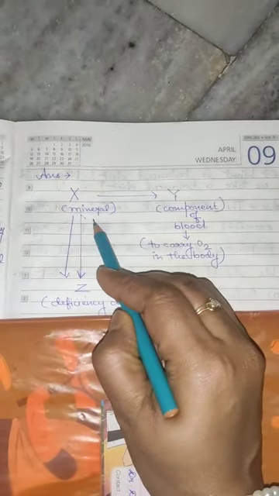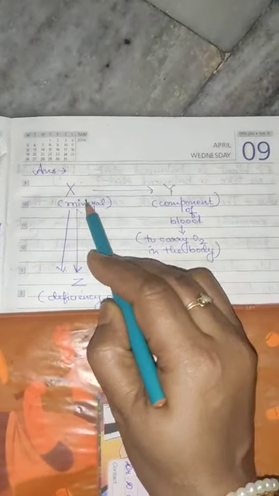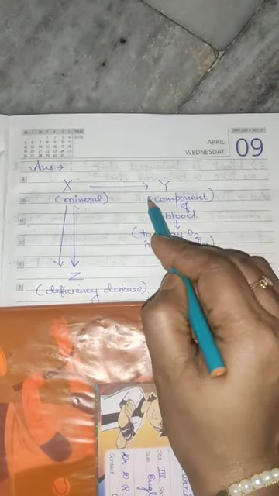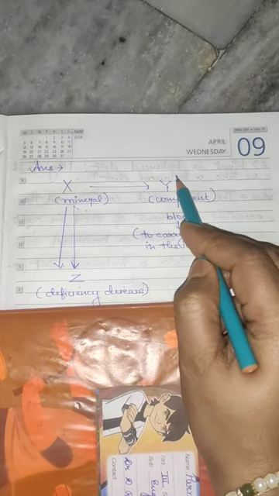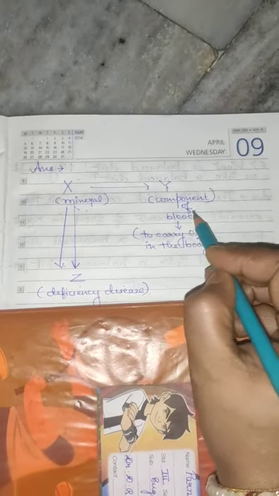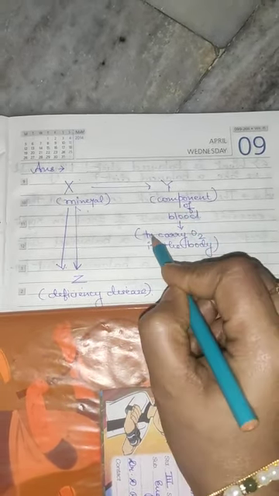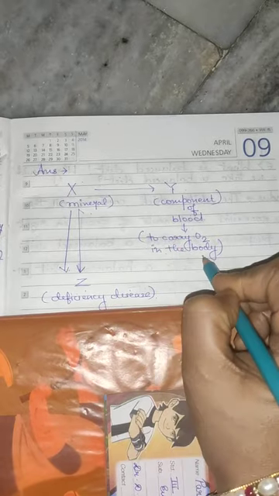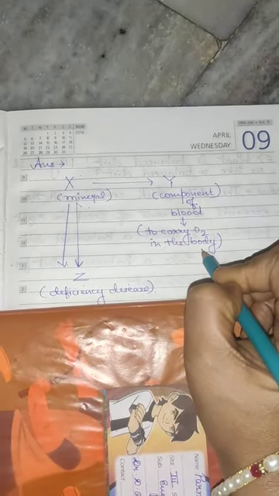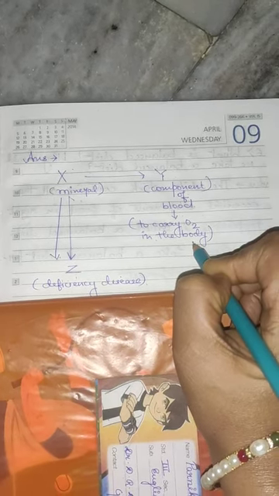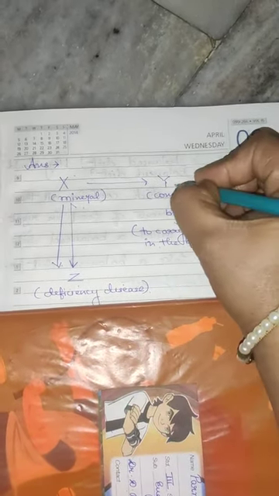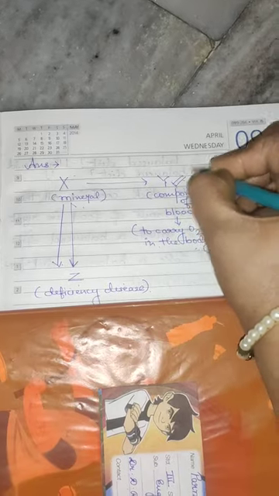X is the mineral. We don't know the name. It helps in the formation of the component of blood which is named Y. Now the function of Y is to carry oxygen in the blood. Now tell me, which part of the blood helps in carrying oxygen from one part to another? It is your hemoglobin.